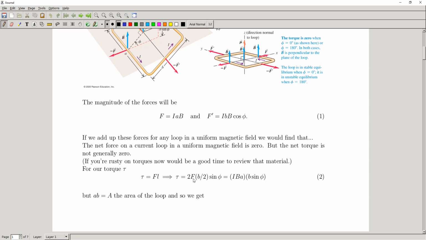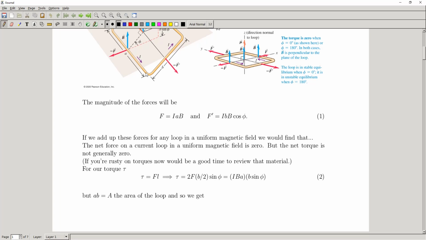First we can cancel these 2's, right? So the 2's cancel, and then the F is really IAB, right? This F here we just talked about is really IAB, which we could calculate using what we learned about magnetic forces on current carrying straight wires in the previous video.